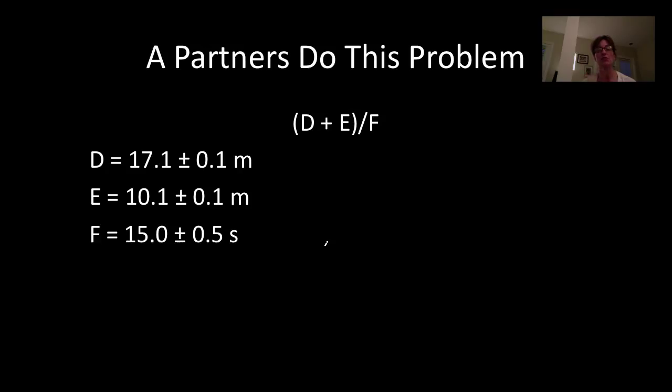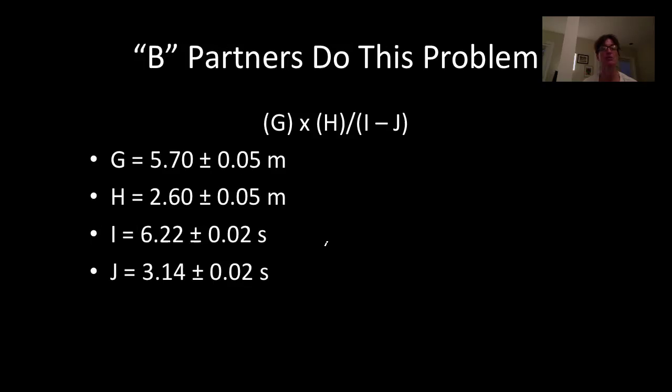Notice that we've got a mixture: an addition problem and a division problem. So you need to first follow rule 1 when you're adding numbers with uncertainties, and then rule 2 when you're dividing numbers. Follow the order of operations, do inside the parentheses first and then outside the parentheses.